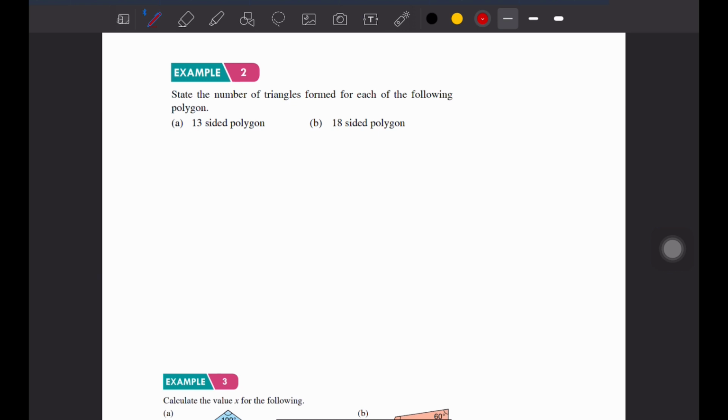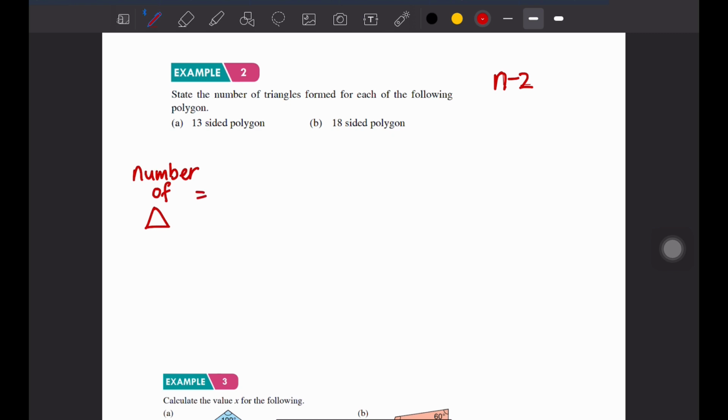Okay. So in order to know how many triangles inside, the formula is just n minus 2. So number of triangles.